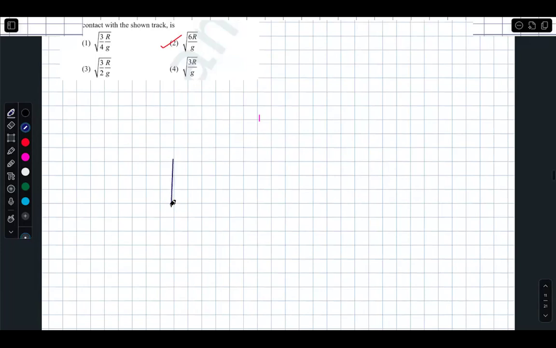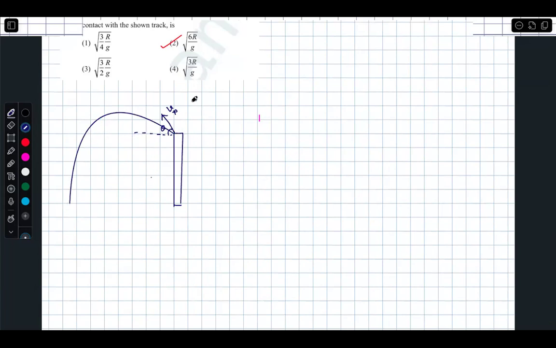Suppose this is some elevated point, and I have projected a body here with some velocity Vp that makes an angle theta. And that's the projectile.